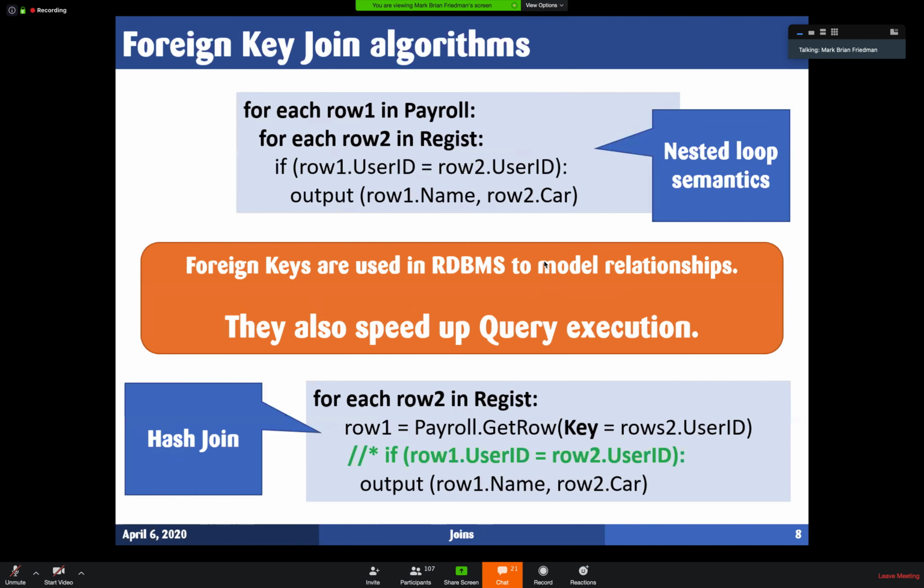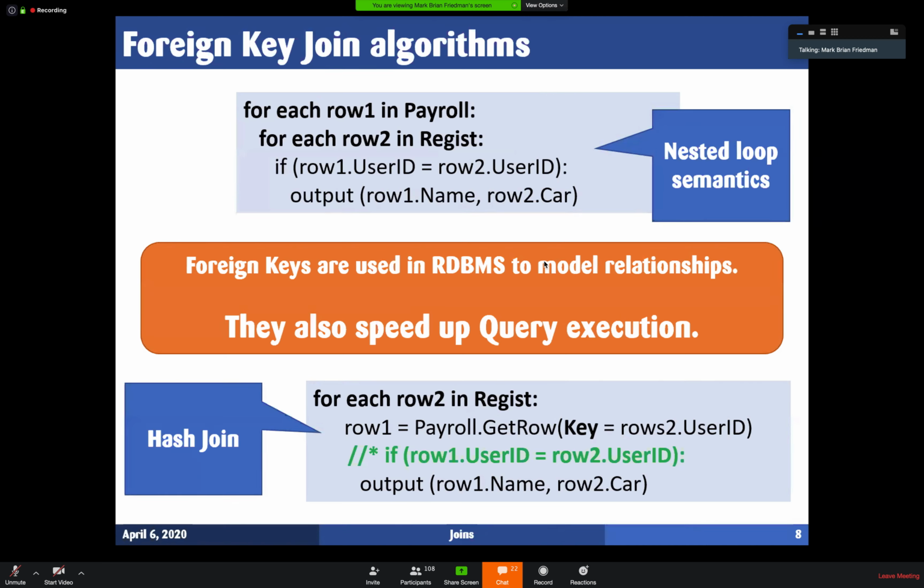Okay, then we talked about this nested loop semantics as basically a simple enumeration of all the rows in the first table, and then an enumeration of all the rows in the second table for each row in the first table. M times N kind of complexity. It's called nested loop semantics because it's a nested loop.